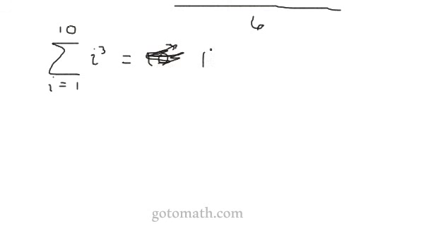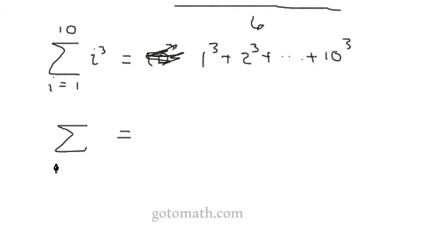So last but not least, let's say we had i equals 1 to, let's say, 10, and this time we had i cubed. So this is 1 cubed plus 2 cubed plus dot dot dot plus all the way up to 10 cubed, and of course you would add that stuff up.